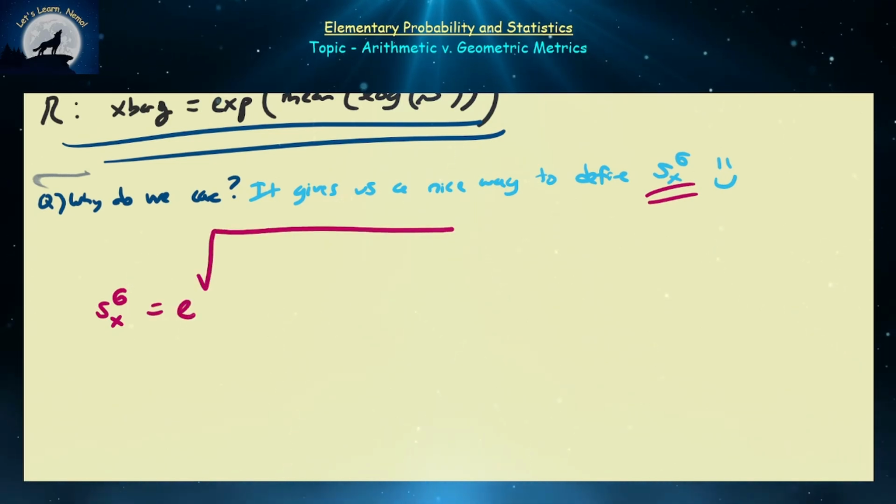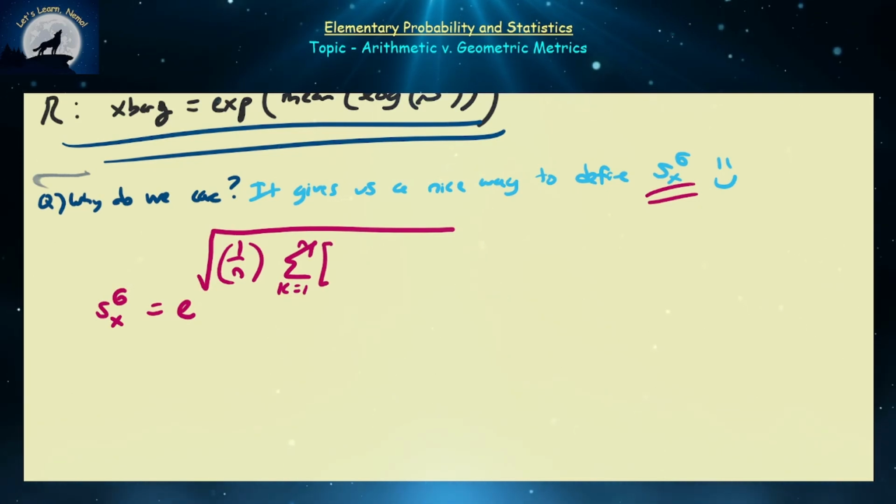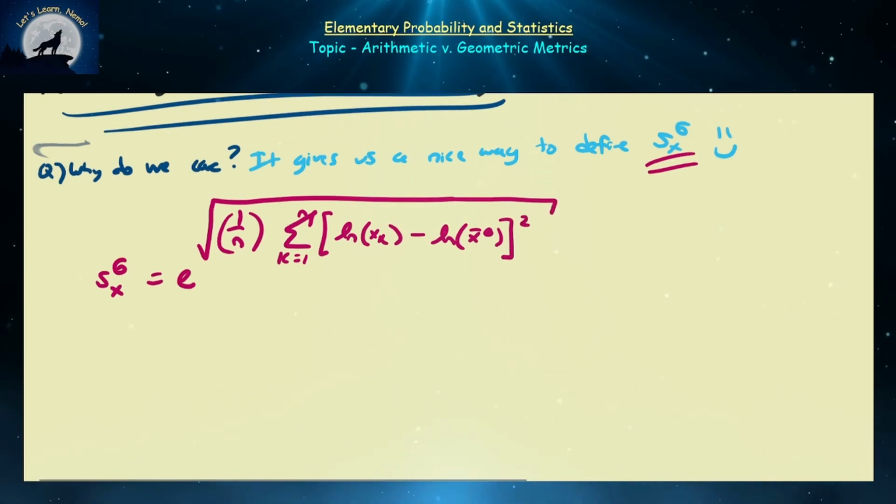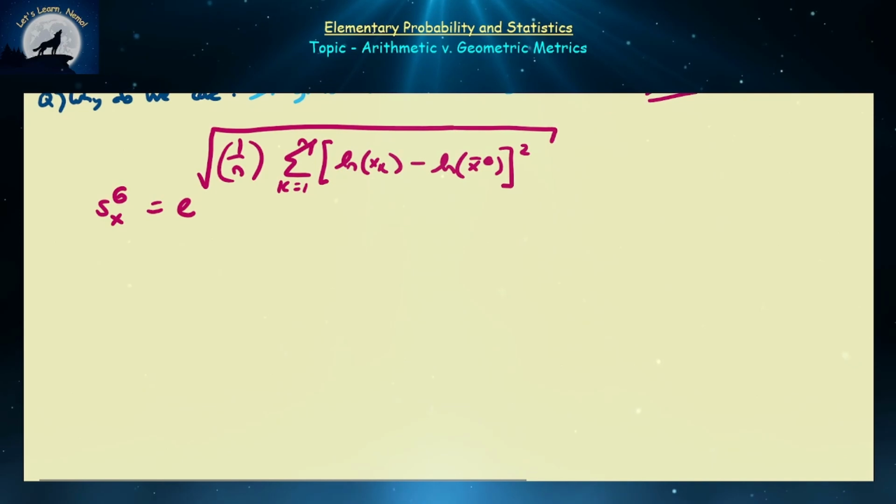We're going to define it as e to the power of the square root of 1 over n, instead of 1 over n minus 1, times the sum from k equals 1 to n. So it's almost like the arithmetic standard deviation of the natural log of the values. So we're going to take the natural log of the values minus the natural log of the geometric mean, and square that difference. Right? Now, again, how do you calculate this?